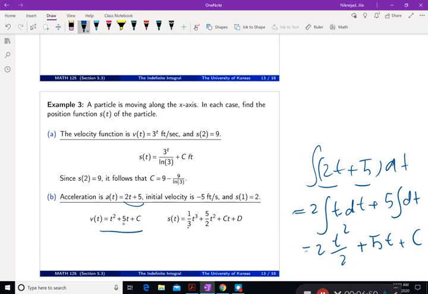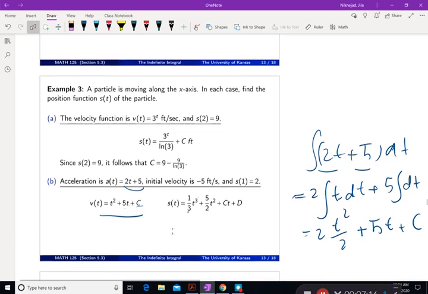And here, the antiderivative of 5t becomes 5t to the power 1 more divided by 2. Same thing for c. C is the constant coefficient. It becomes ct plus another constant that was lost during the derivation. It has to come back.